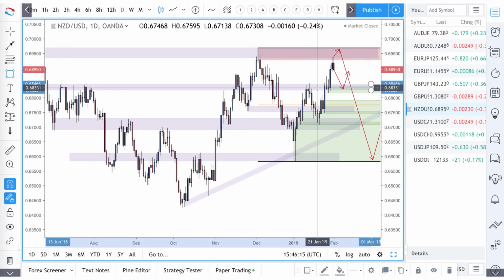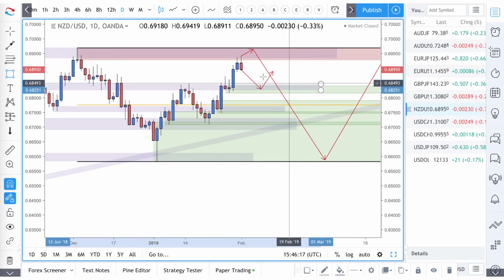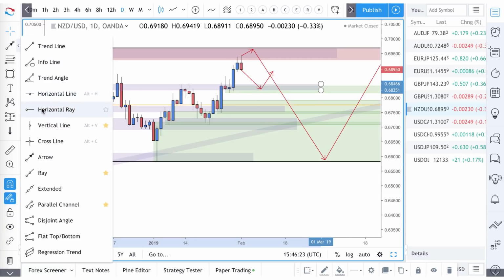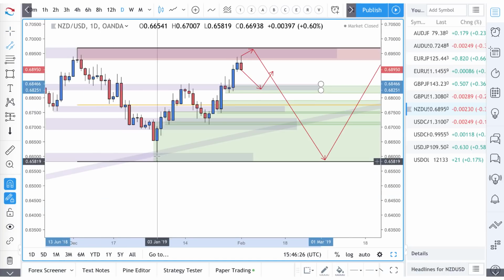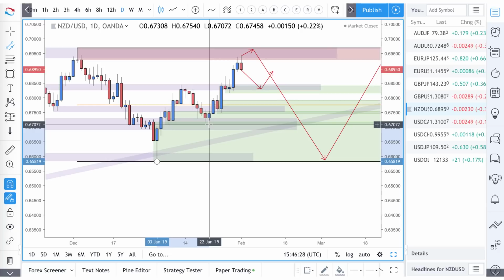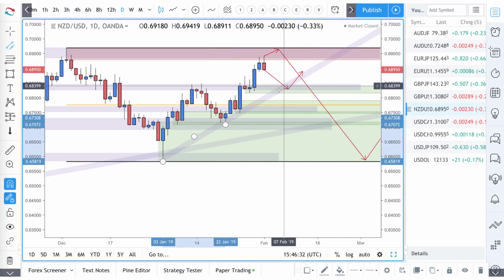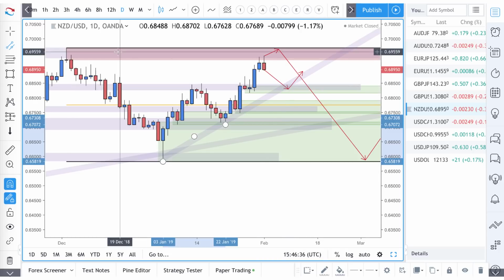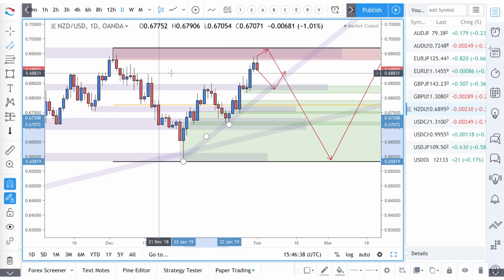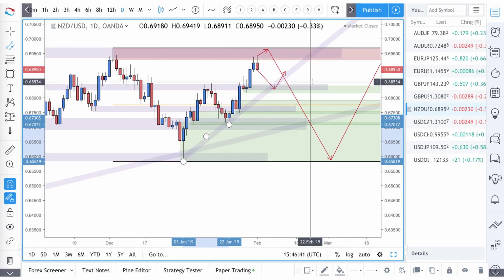So we've got the confluence of demand and horizontal support. Look at that trend line there. So we could see a decent buying opportunity if price does come down here, if you're looking to buy the New Zealand dollar.